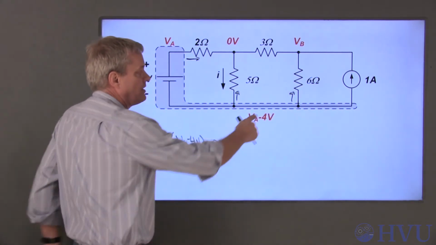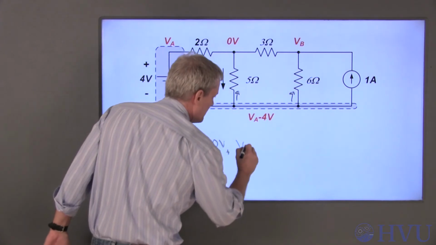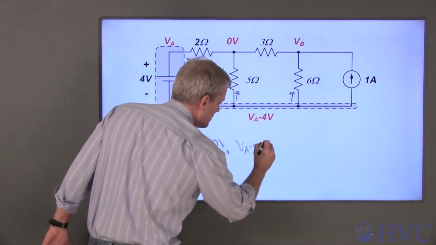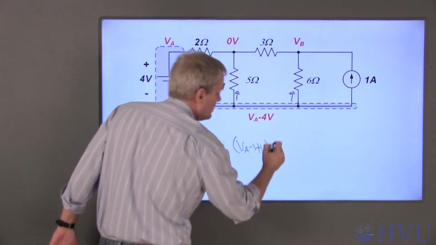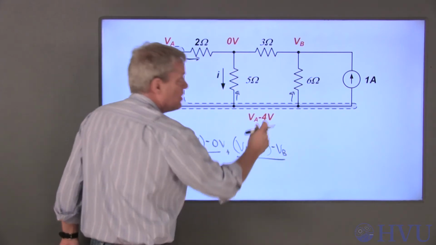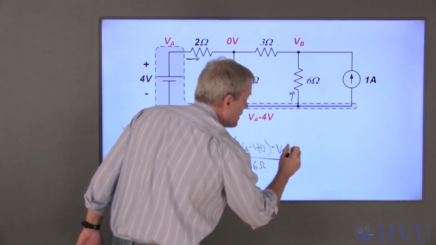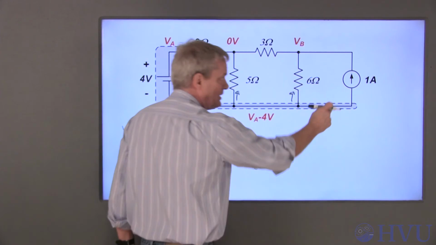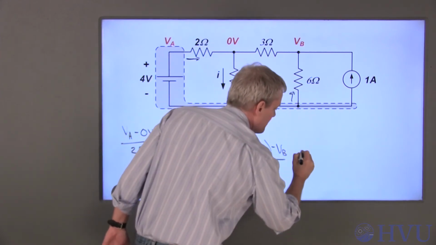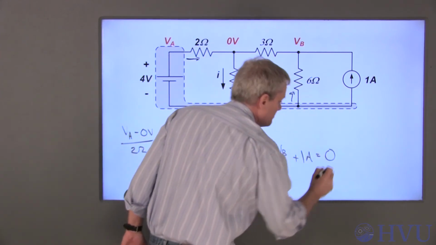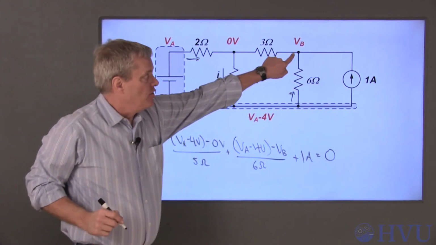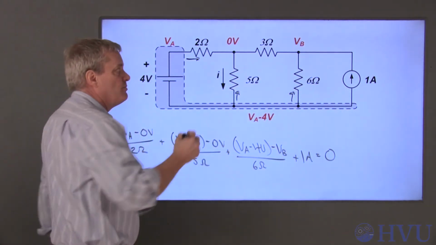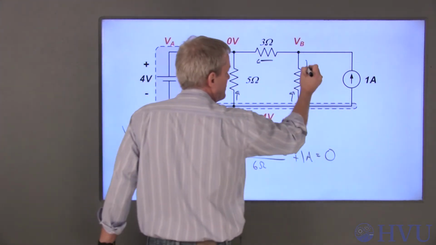Plus this current is this voltage, VA minus 4 volts, minus VB over 6 ohms. And this current actually is leaving this node, so that becomes a positive 1 amp. Those sum to 0.